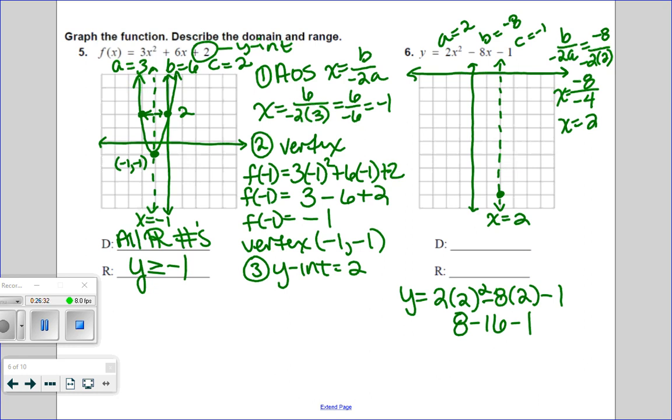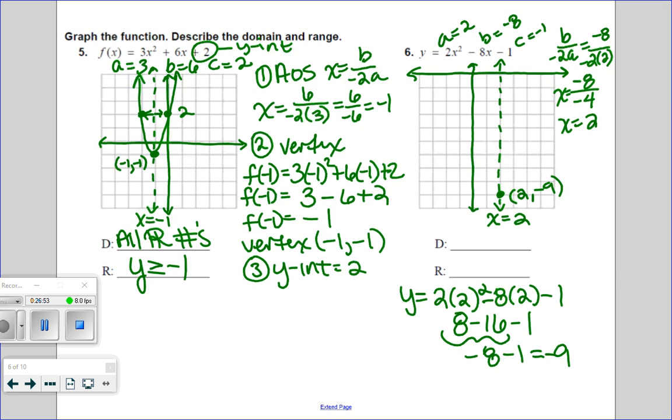And then we just go left to right. So 8 minus 16 gives us negative 8. And then negative 8 minus 1, negative 9, right? So there's our negative 9, which is the second part of that point. So right here at 2 comma negative 9, that's where my vertex lives.